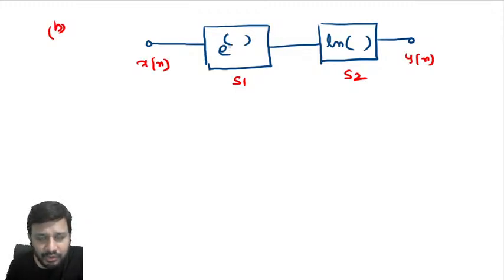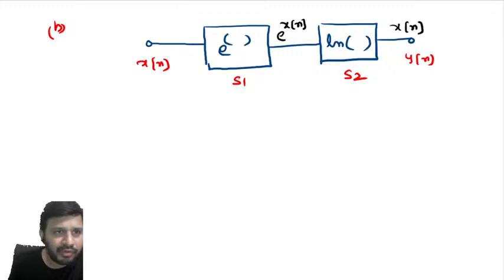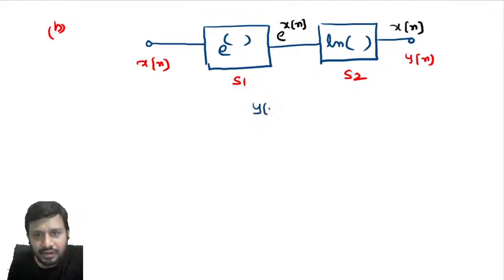E power x of n. Ln of e power x of n is x of n. So overall output y of n is x of n.